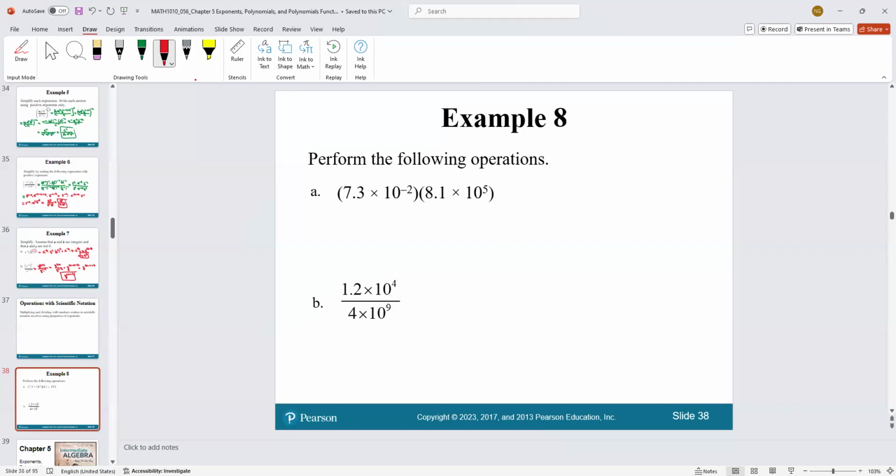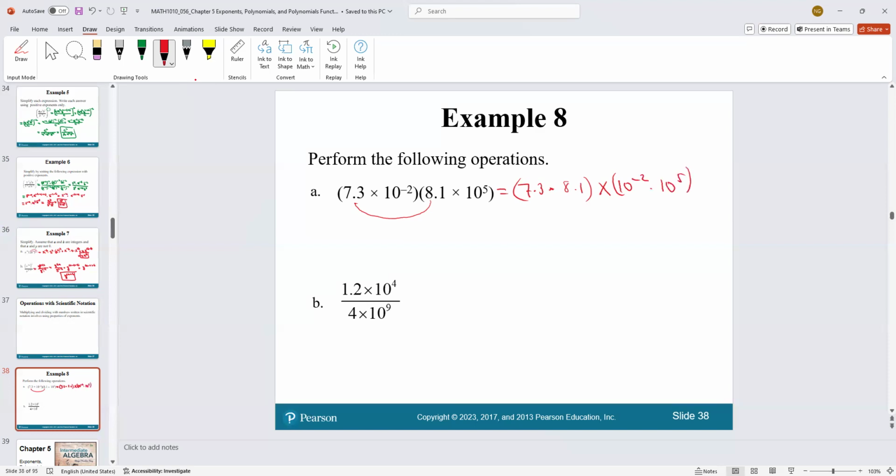The first thing is to multiply the bases together. So when you multiply 7.3 times 8.1, remember for 10, you have 10 power negative 2 times 10 power 5.